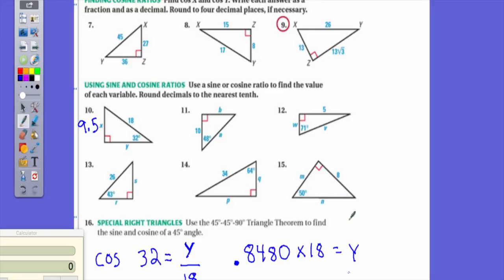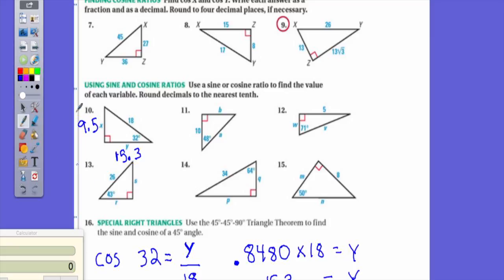So what does y equal? 15.26. So that's going to round to 15.3. If you start using Pythagorean theorem to solve, because you rounded here, you could end up getting like 15.24, and then you're going to round it to 15.2, not 15.3, and you're going to be off. Okay?